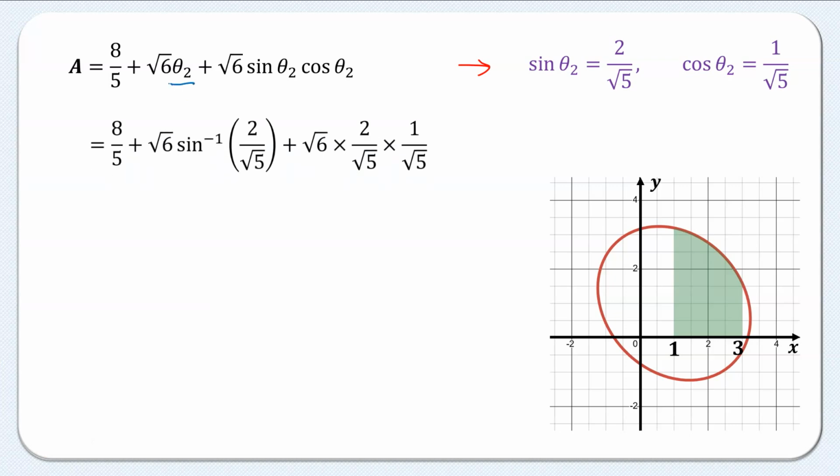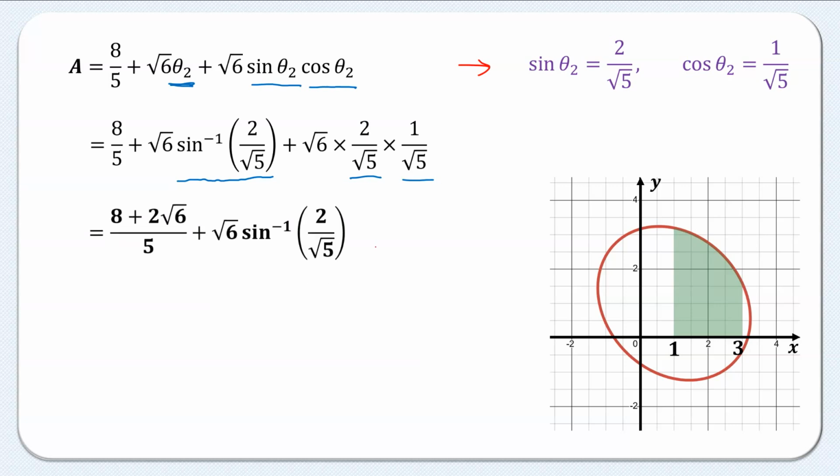As for this theta 2 right here, it can be expressed using the inverse sine function. So we have 8 over 5 plus square root of 6 times inverse sine of 2 over square root of 5 here, and then square root of 6 times sine theta 2 equals 2 over square root of 5 and cosine theta 2 equals 1 over square root of 5. Therefore, in the end, we obtain 8 plus 2 square root of 6 divided by 5 plus square root of 6 times inverse sine of 2 over square root of 5.